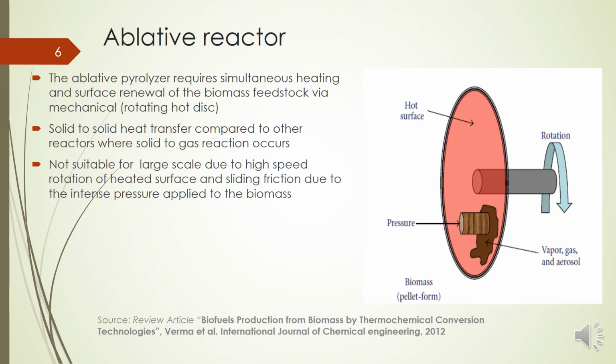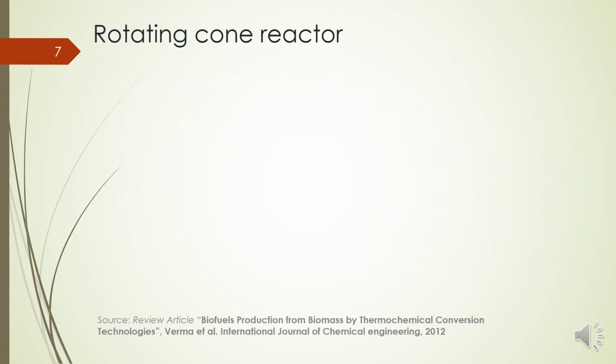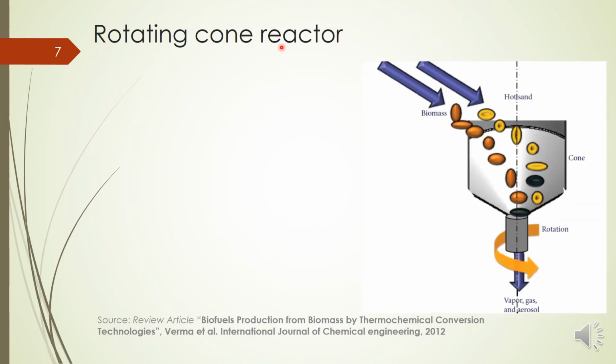Then we have a rotating cone reactor. In this we have a rotating cone like this, and we pass the biomass particles as well as the sand. By the centrifugal action, this will be mixed and converted into different products.